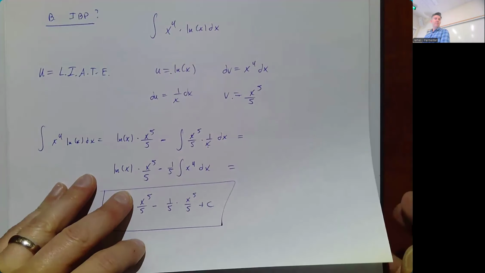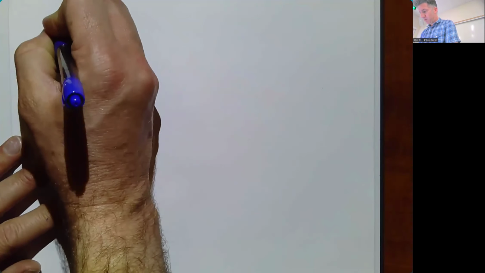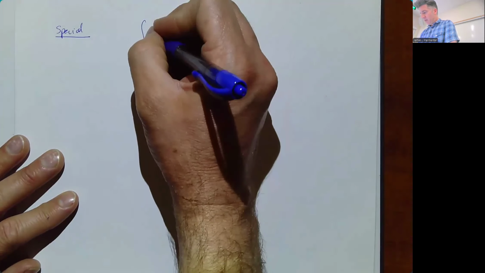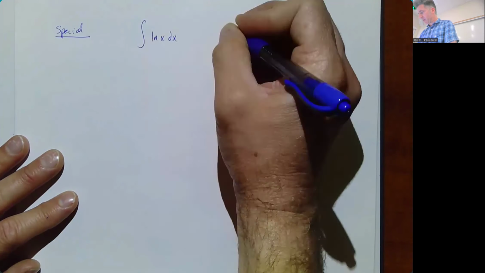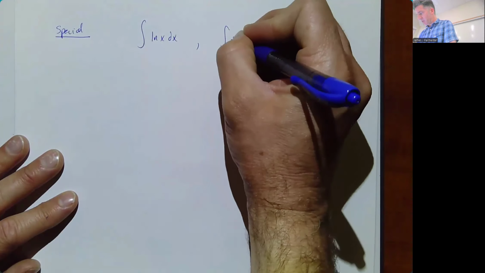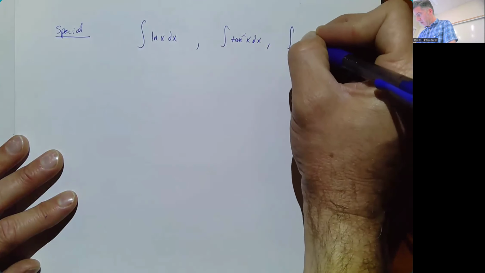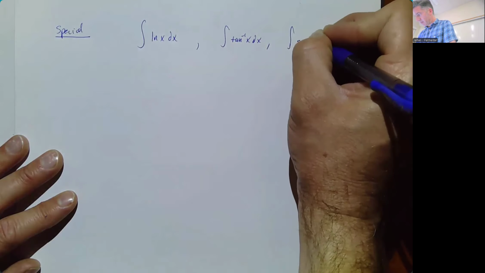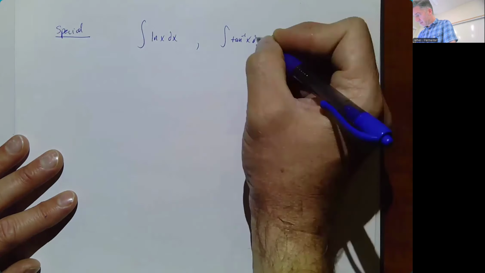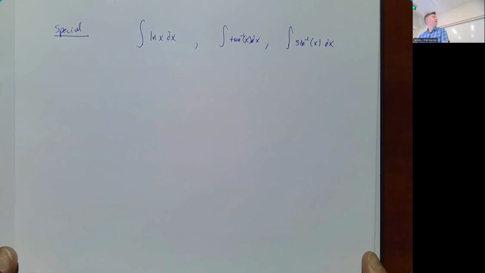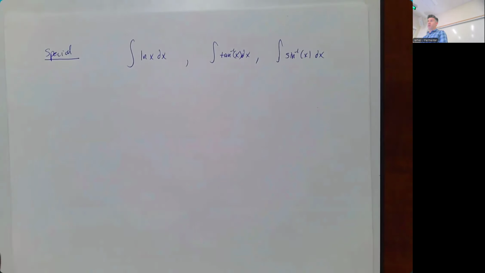I would say, where are my papers right here? These 3 integrals are special. There's lots of special ones, actually, but here's a few special ones. The integral of the natural log of x, the integral of the arctangent of x, and the integral of the arcsine of x. All of these require integration by parts.